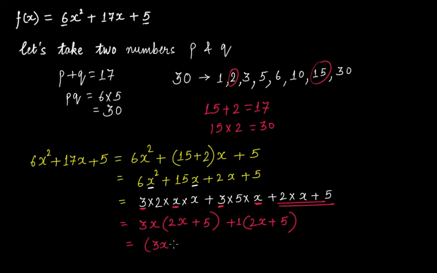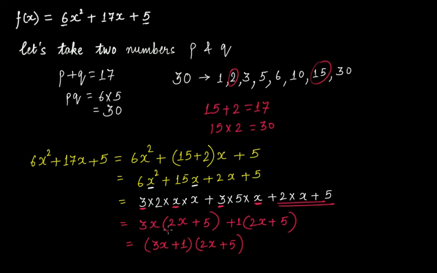Now you have two terms. This is one term, 3x multiplied by 2x plus 5, and this is another term, that is 2x plus 5.